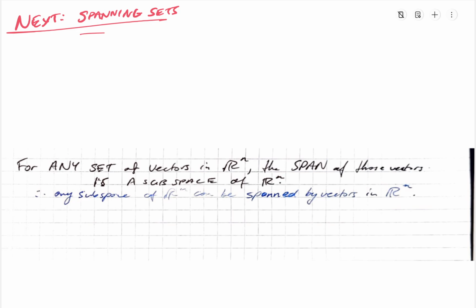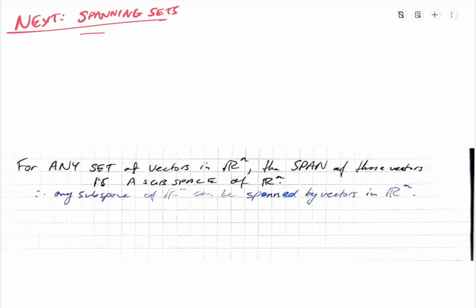All right, if I ever get to it, the next thing we'll talk about is spanning sets. For any set of vectors in Rn, the span of those vectors is a subspace of Rn. Basically, if we have a group of vectors, the span is the set of vectors I can reach by taking any linear combination of them.